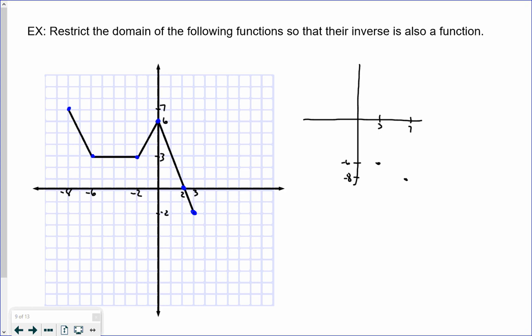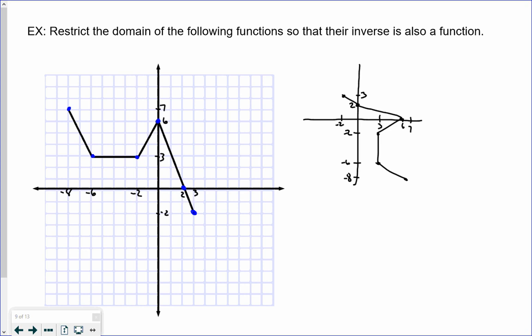Negative 2 comma 3 is going to become 3 comma negative 2. So again, connecting these as I go. 0 comma 6 is going to become 6 comma 0. 2 comma 0 is going to become 0 comma 2. And 3 comma negative 2 will become negative 2 comma 3.